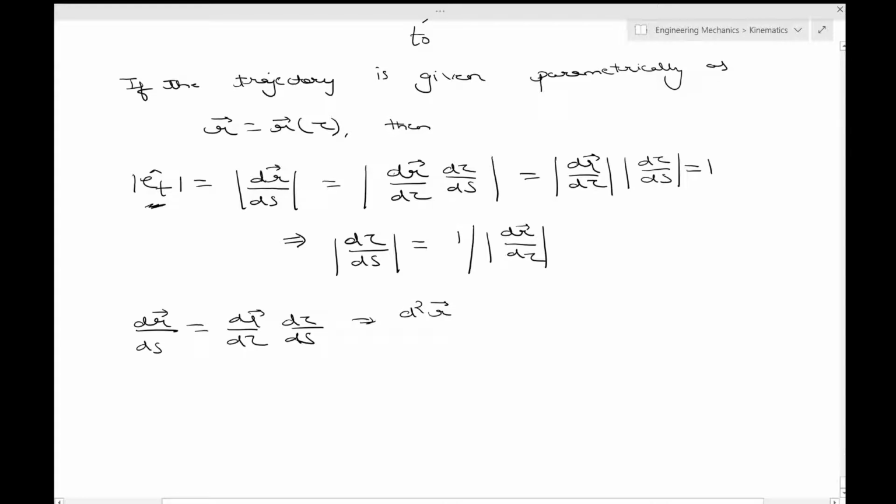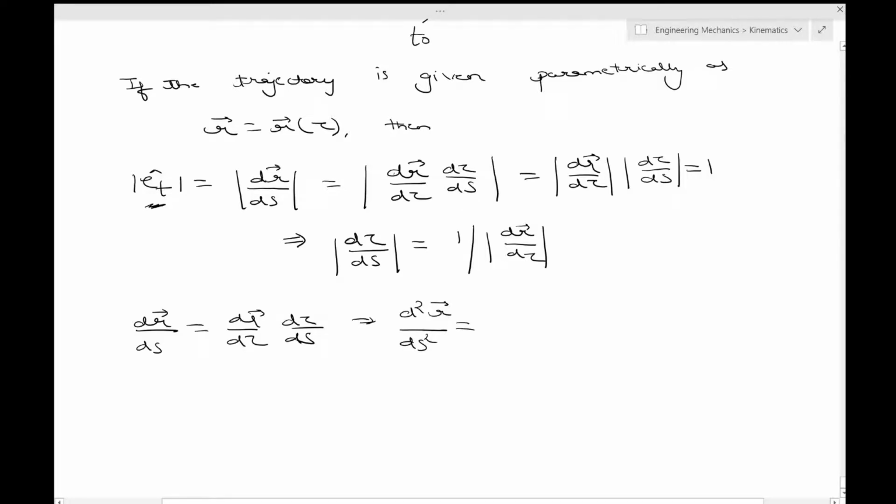Because we want to find En. En, if you check in equation 1.22, is equal to rho times d2r by ds square. So that's why we have to find this d2r by ds square.